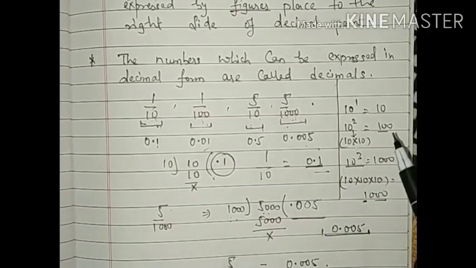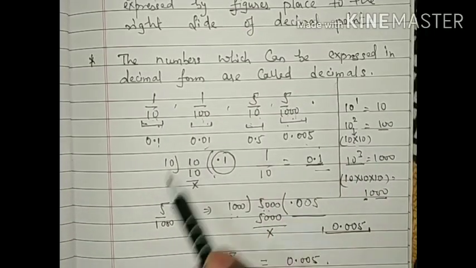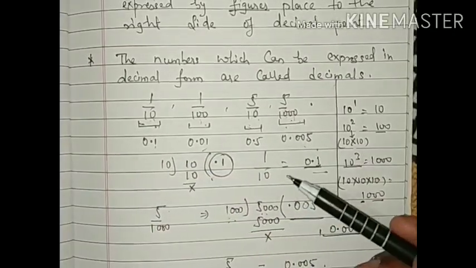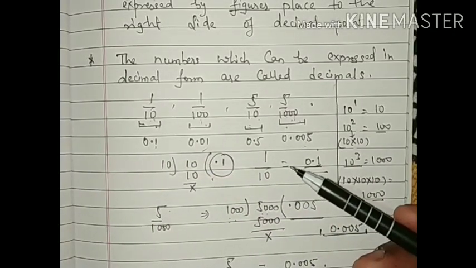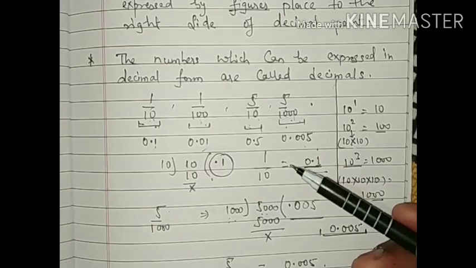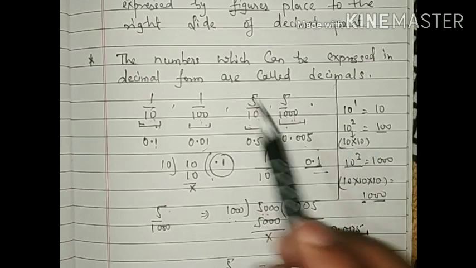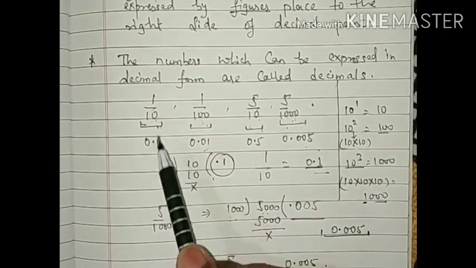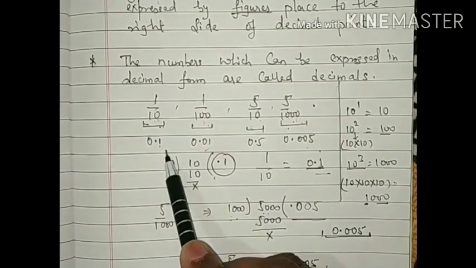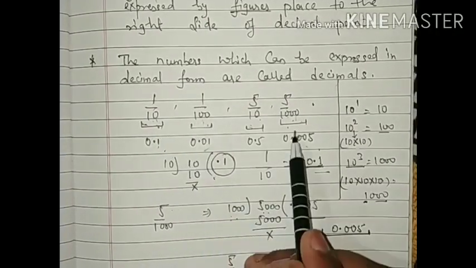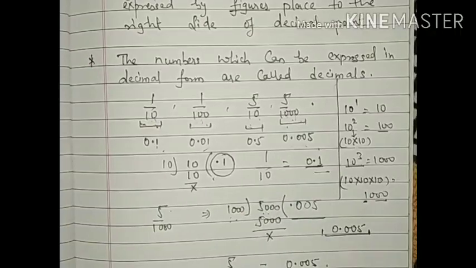It is not important to divide it all the time. I just divided it to explain more clearly. Moreover, in this particular class, I will teach you how to simply convert a fraction into decimal without dividing, if the denominator is of the form power of 10.